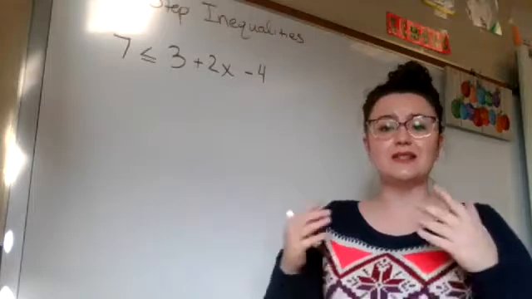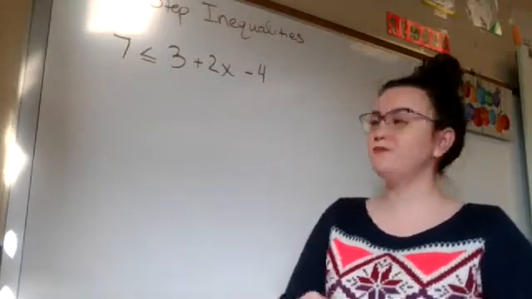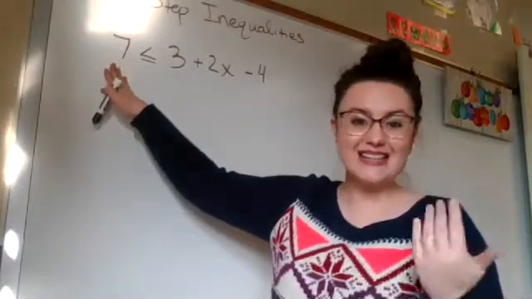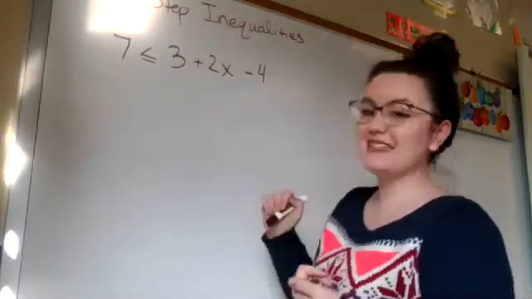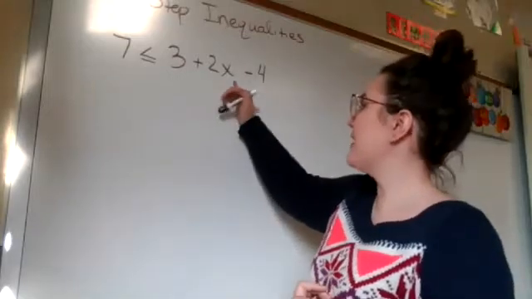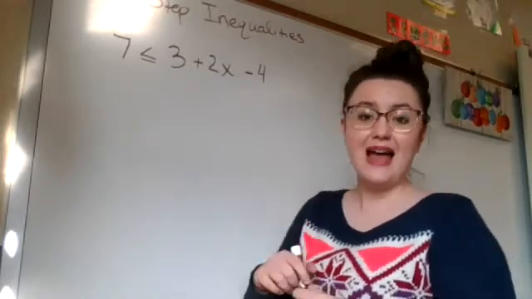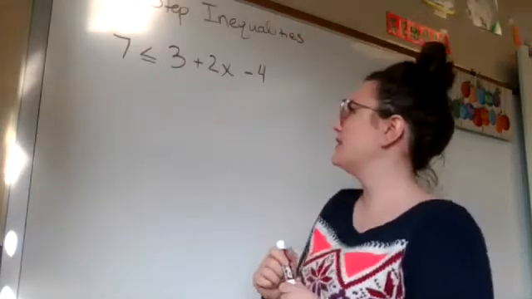Our first step is still to simplify and clean up this inequality as much as possible. When I look on the left-hand side, I just have a 7. There's nothing I can do to that to simplify it if I wanted to. On the right-hand side, I have 3 plus 2x minus 4. I do have like terms here. I don't have distribution because there's no parentheses, but I do have like terms.